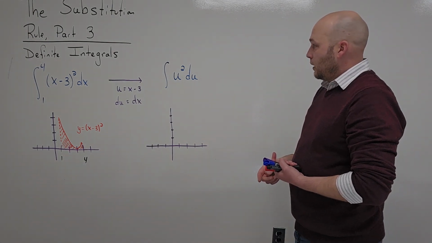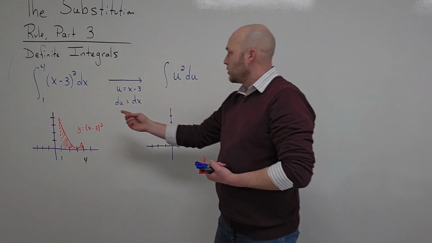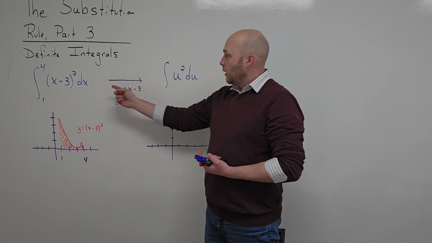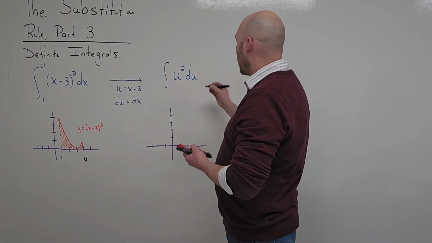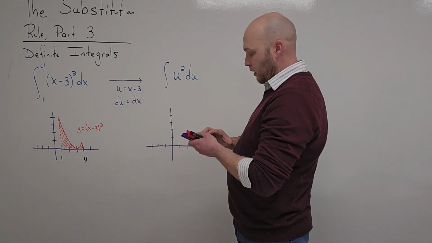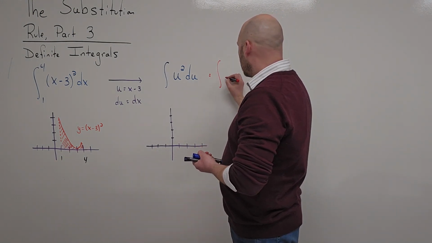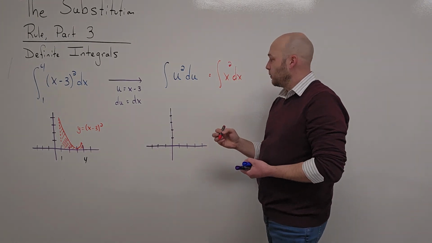And in order to find the limits of integration, notice the difference between x minus 3 squared and u squared. Well, since this is a dummy variable, we could write this as the integral of x squared dx. Again, it's a dummy variable.